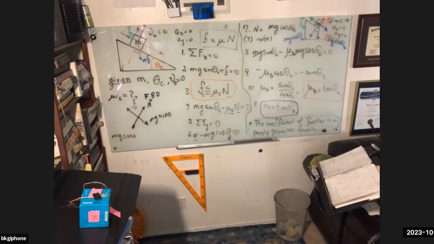Typically what I like to ask is: given theta constant, m constant, the radius constant, what speed would keep it at that particular radius, keep it from slipping up or down? So maybe we can do a couple like that. I think that's worthwhile.